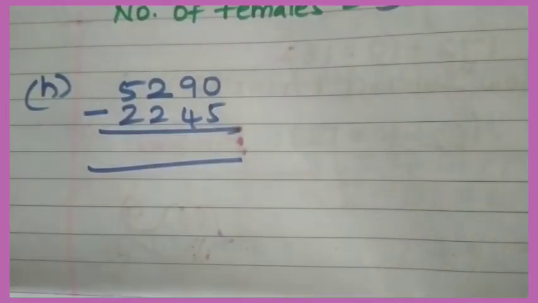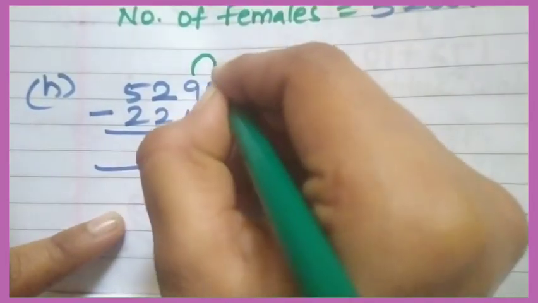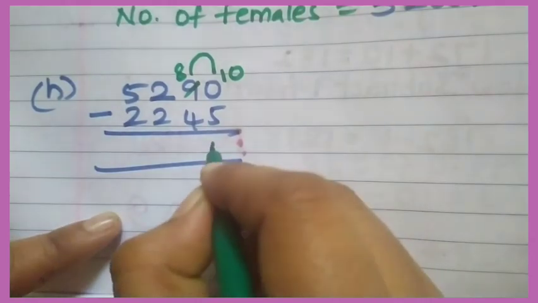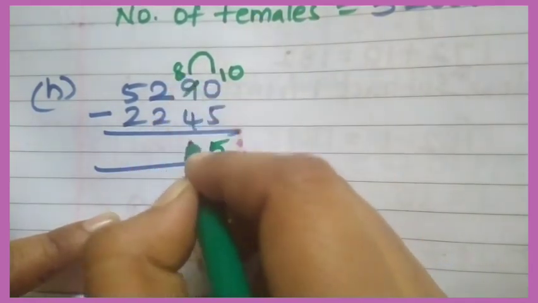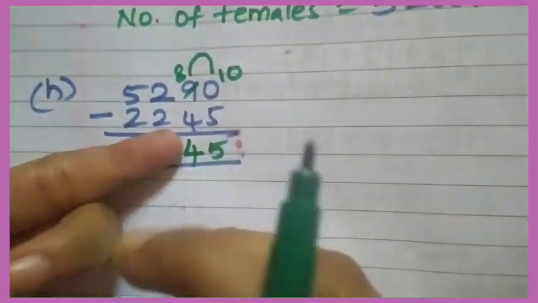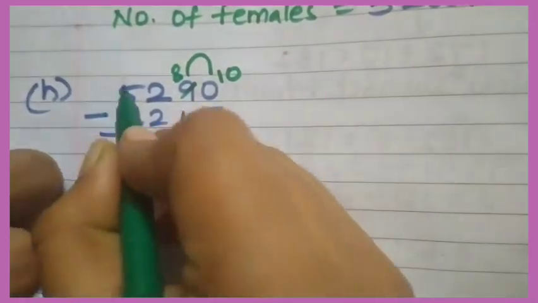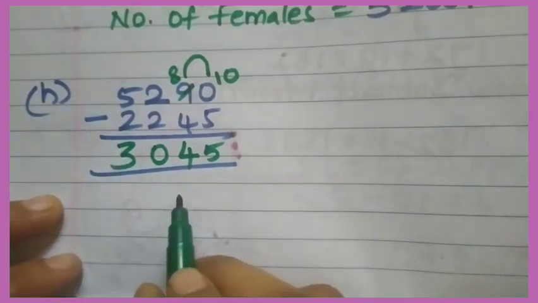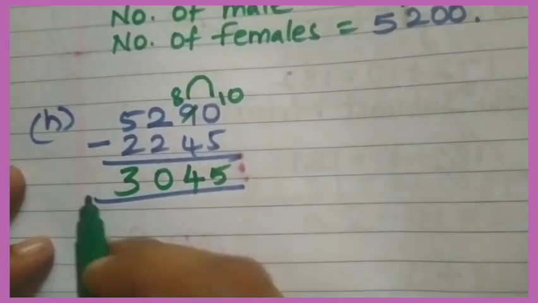From 0 we can subtract 5. No. So we will take borrow. It will be 10. Here it will be 8. 10 minus 5, 5. 8 minus 4, 4. 2 minus 2, 0. 5 minus 2, 3. 3045 is the answer. Therefore, what is the question?